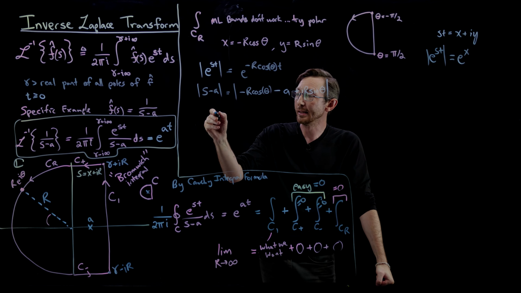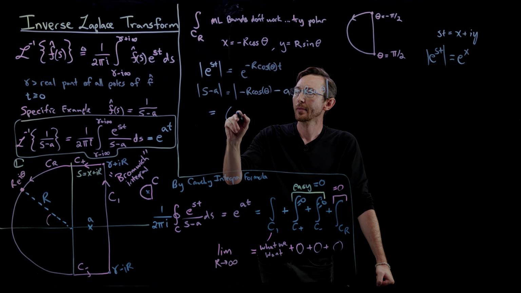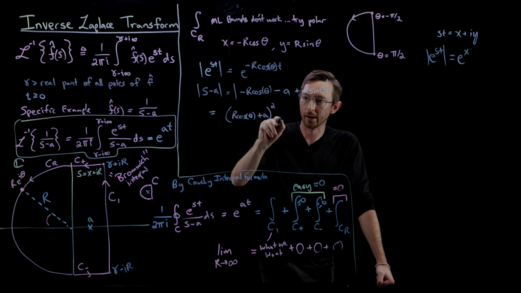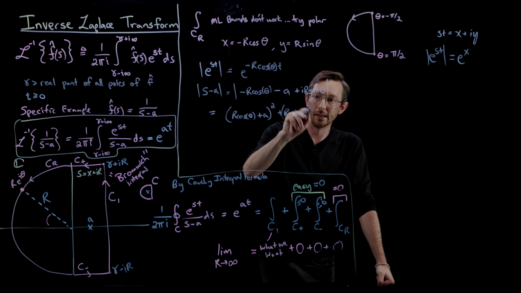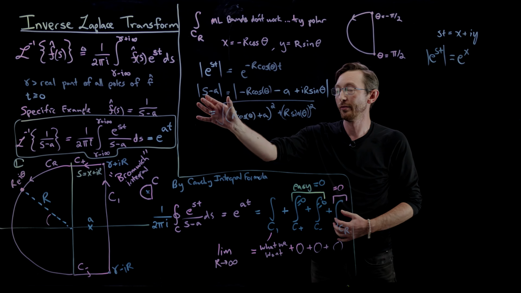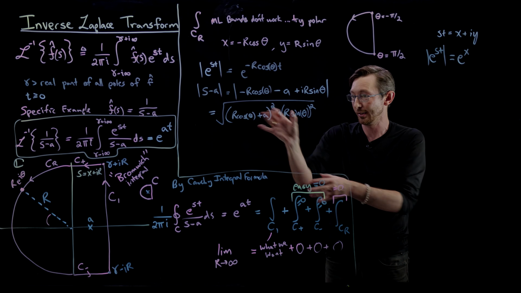And that norm is equal to, this is kind of a mess, but it's the square root of the quantity r cos theta plus a, squared, plus the quantity r sine theta, squared. It's literally the real part squared plus the imaginary part squared, square root. That's this.